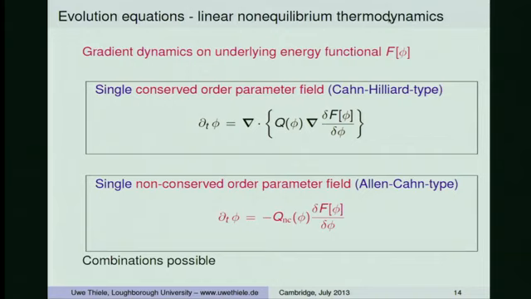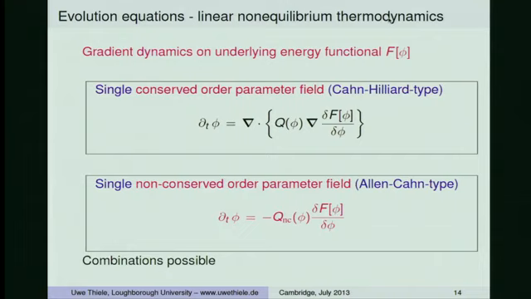Now the equivalent equation for the non-conserved case is written down here, so this would be an Allen-Cahn type equation. So now our phi is not conserved. And then you would say, okay, that's a steepest descent dynamics. So you have the energy functional, you take the variation, that would be like the steepest descent in this infinite dimensional function space. And there's some mobility in front, could be constant.